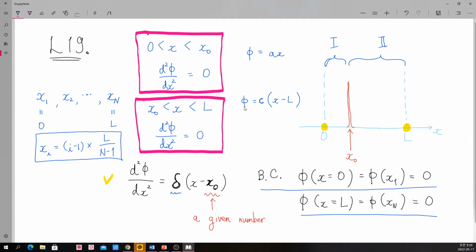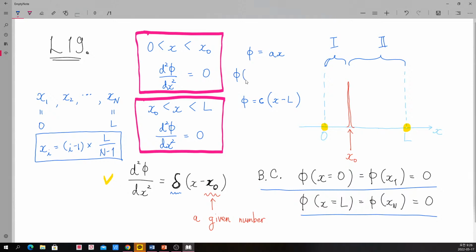So now we have two different values corresponding to A and C. However, we can also say that phi is a continuous function. So when we insert x equal to x naught, they should have the same value. So let me apply this expression.